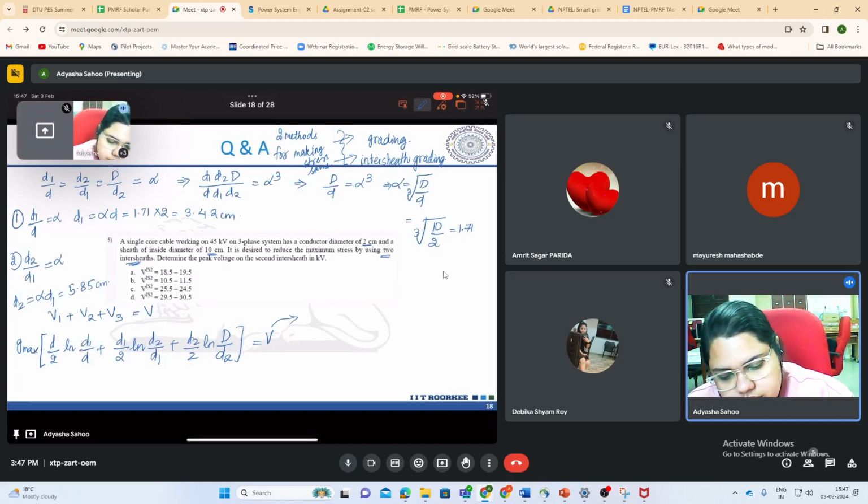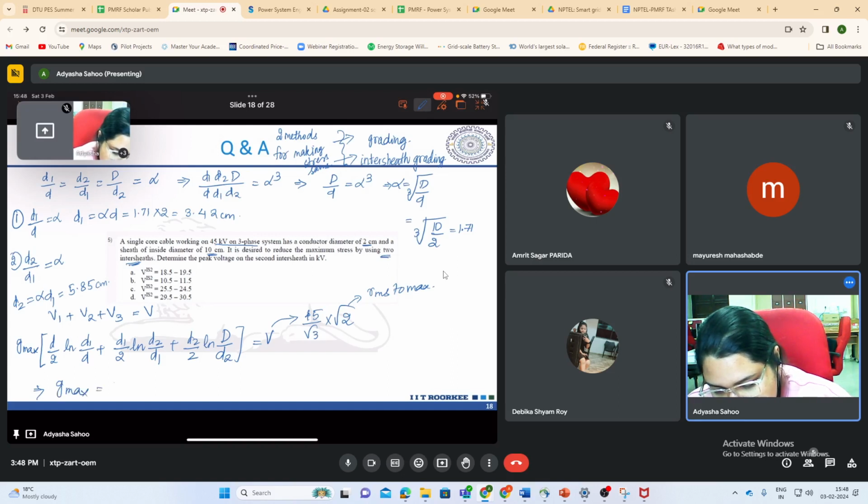So 45 kV is 3-phase. So first we consider it in line to neutral. Then this is RMS. To convert into maximum, multiply by √2. This will convert your RMS to max. So all these values you know here. So from here you can get the Gmax as 12.154 kV.